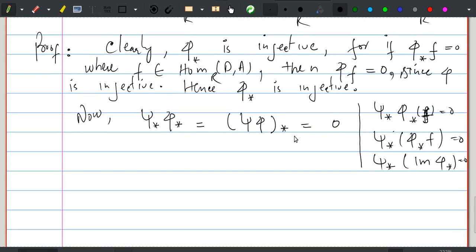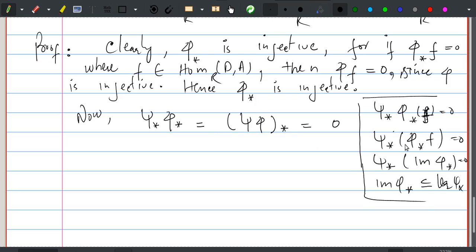That means image of phi star is contained in kernel of psi star. We do not need to write this down, this is just a side note. So this implies image of phi star is contained in kernel of psi star.